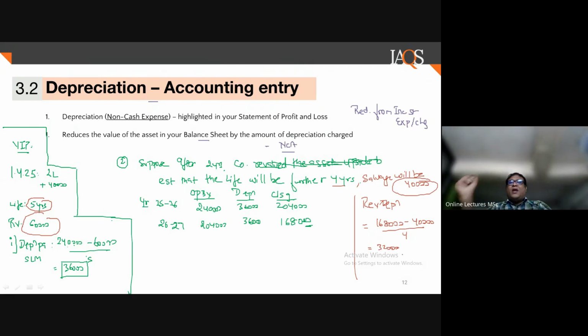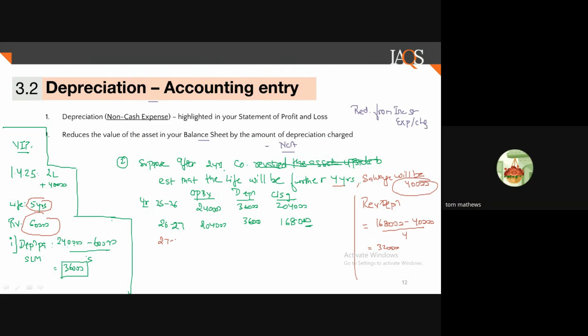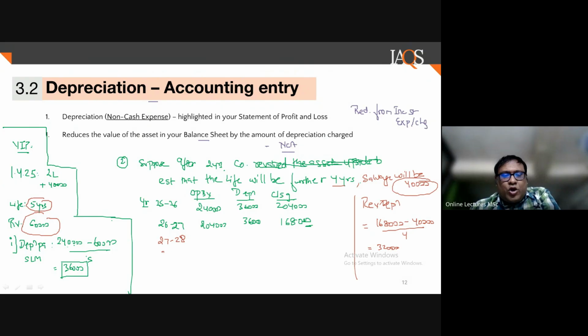Now we'll estimate the depreciation for the next 4 years: 27-28, 28-29, 29-30, and 30-31. The residual was 168.